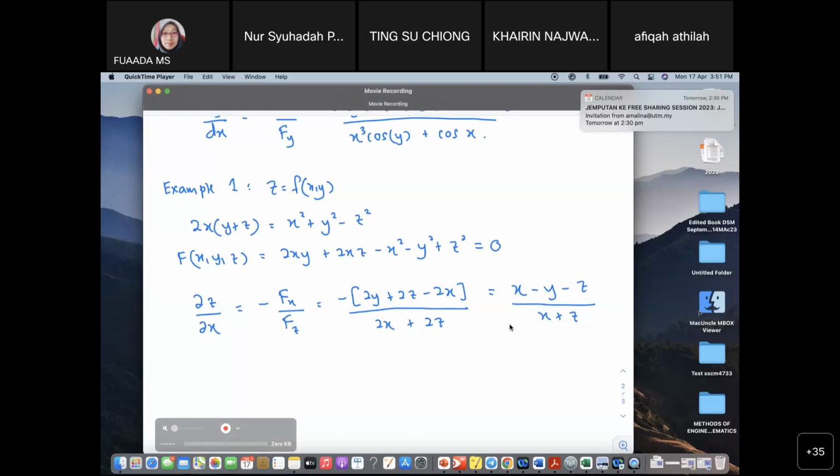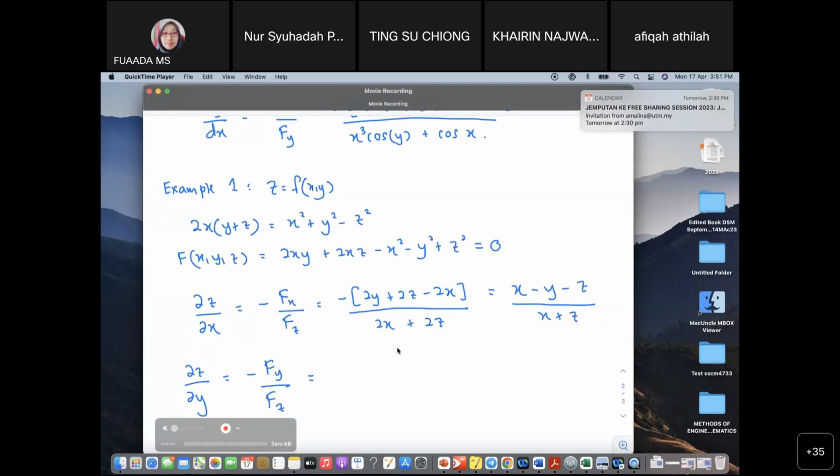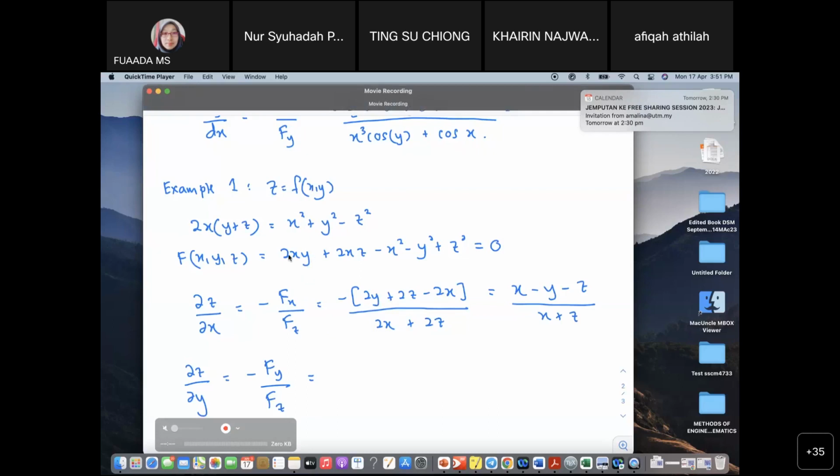Now you try for the second one. Del z over del y, which is negative fy over fz. For fz you can already use the one from before, the same fz. You just need to find fy. Differentiate with respect to y. From the f you got earlier, now you have 2x, don't forget the negative.